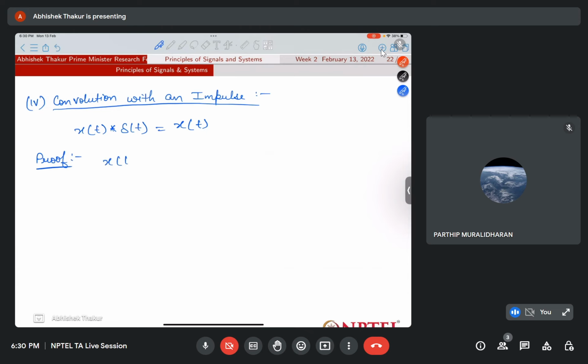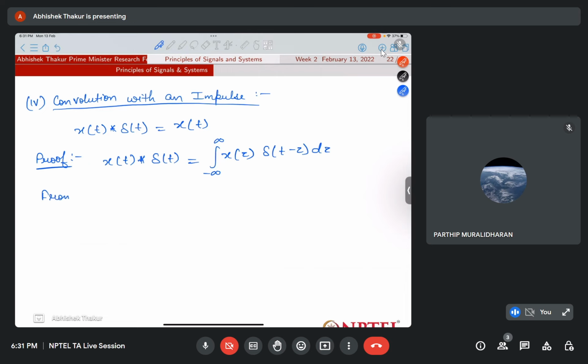So x(t) convolution with delta(t) is given as integral from minus infinity to infinity of x(tau) delta(t minus tau) d tau.